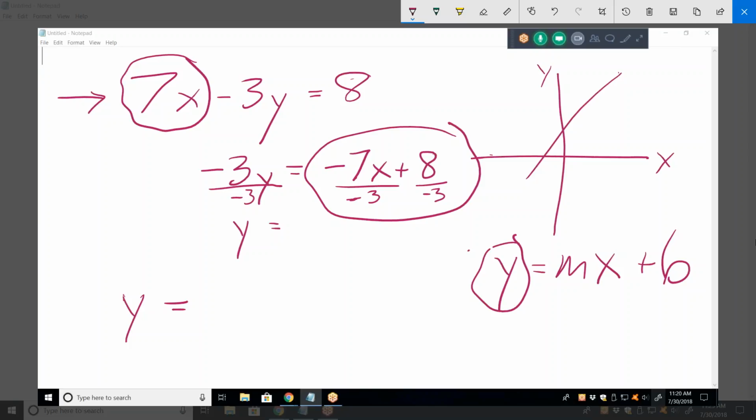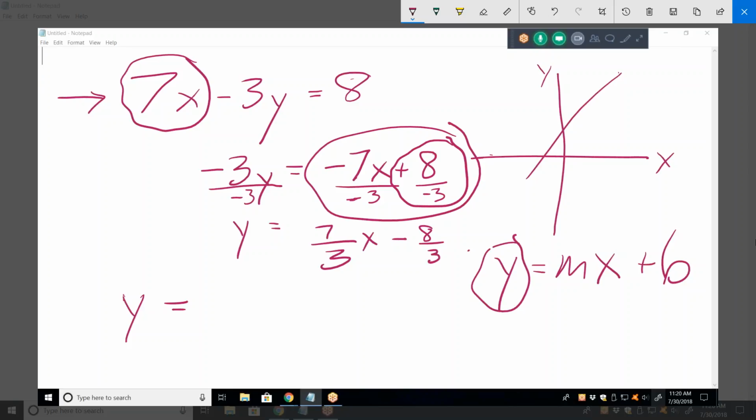What's the sign going to be? 7/3 positive, times x. The rest of it: negative 8/3. That becomes negative 8/3 with the negative sign out in front of the fraction, not in the numerator or the denominator.